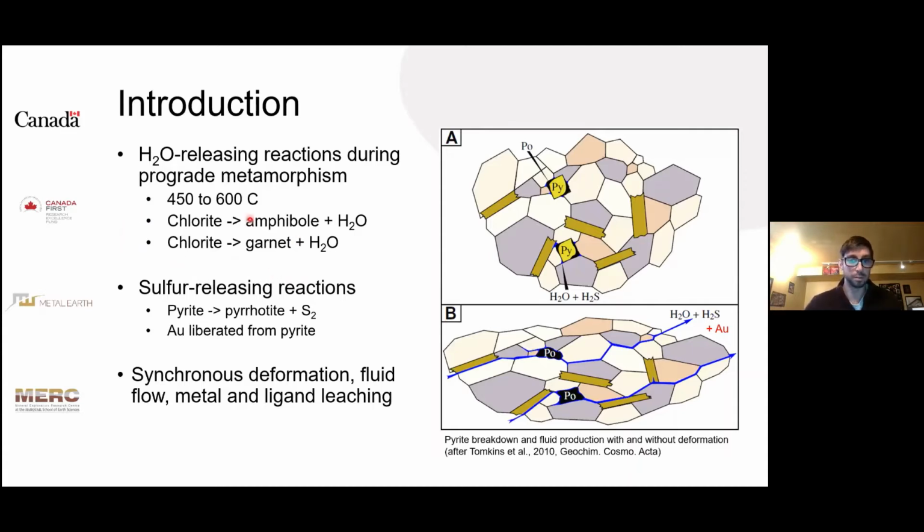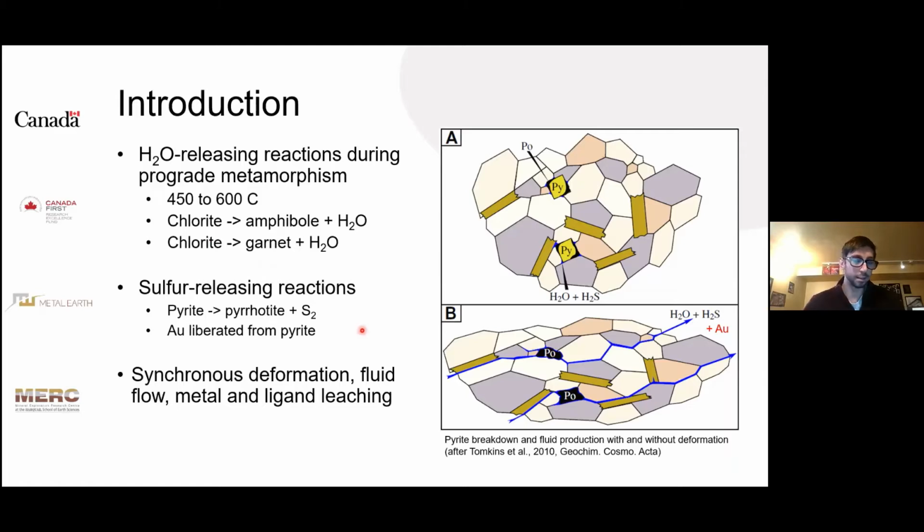Especially focusing on the greenschist-amphibolite transition, which generally occurs within the 450 to 600 degrees Celsius temperature window, we have the breakdown of chlorite to produce amphibole in mafic rocks. Sedimentary rocks will see chlorite breaking down to produce garnet, or biotite to produce staurolite, etc. And these H2O releasing reactions are continuous along its prograde path until it hits the solidus.